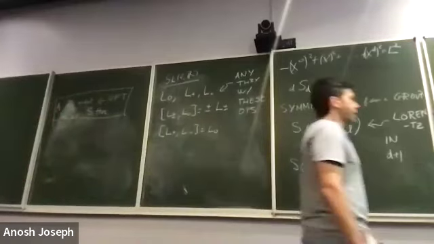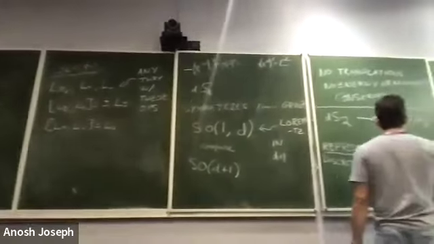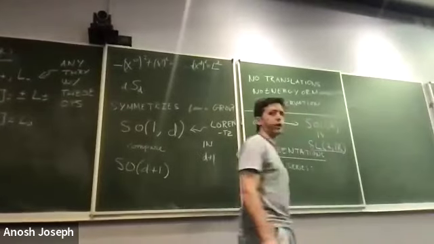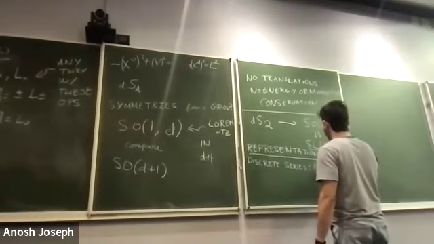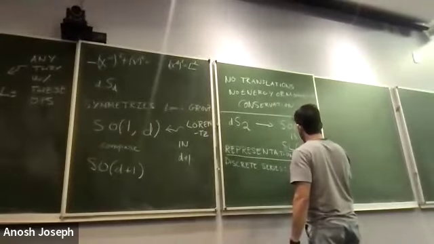Okay, so the discrete series is exactly what you learn in conformal field theory. The discrete series is sometimes called the highest weight representation or the lowest.